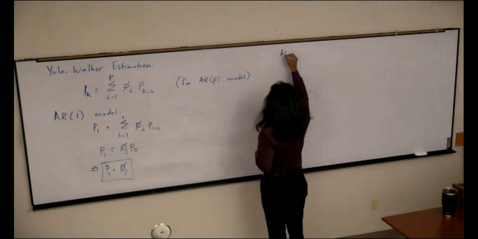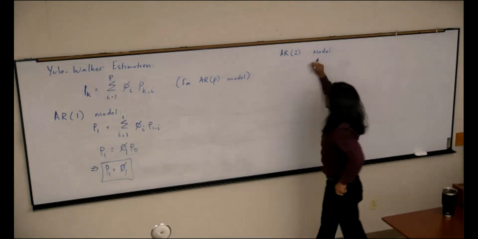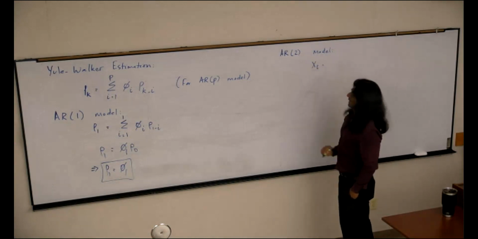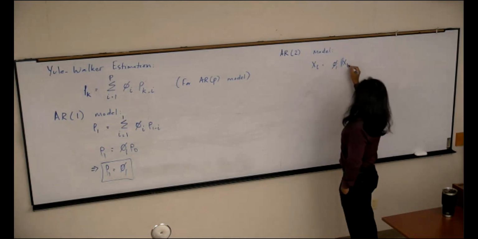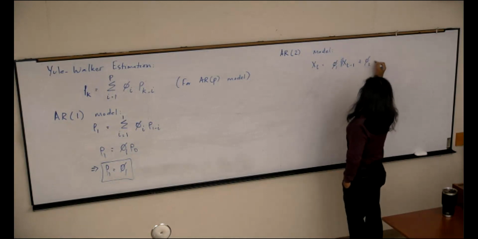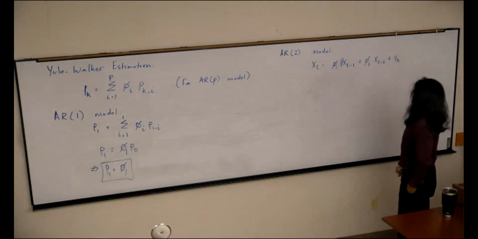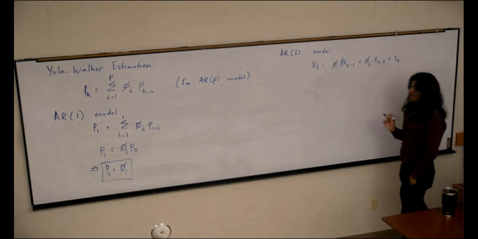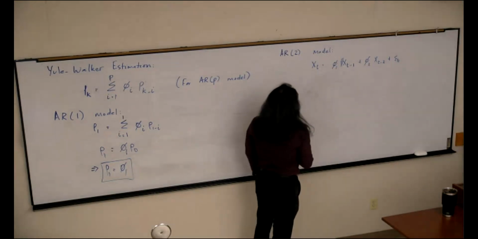AR(2) model: x_t is phi1 x_{t-1} plus phi2 x_{t-2} plus epsilon_t. In my book, I'll be using x_t and epsilon_t.